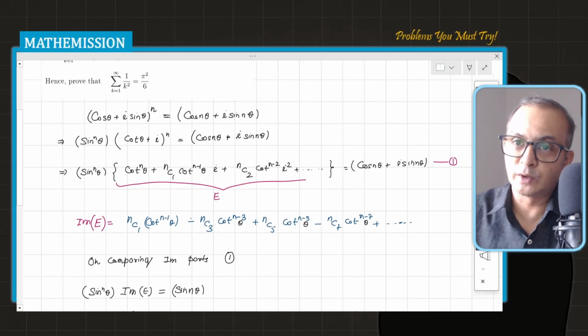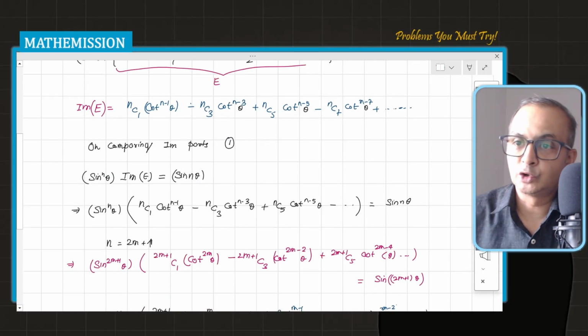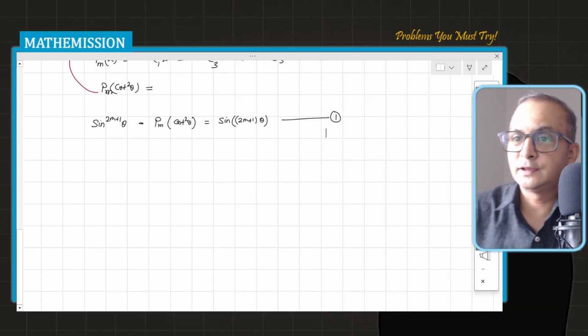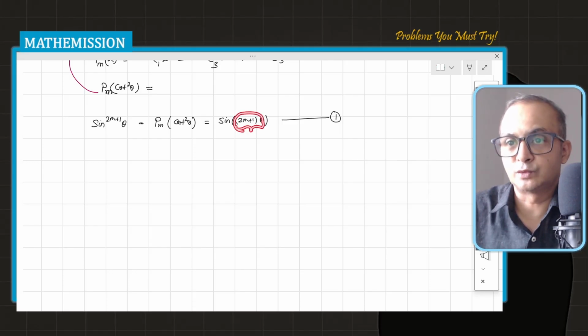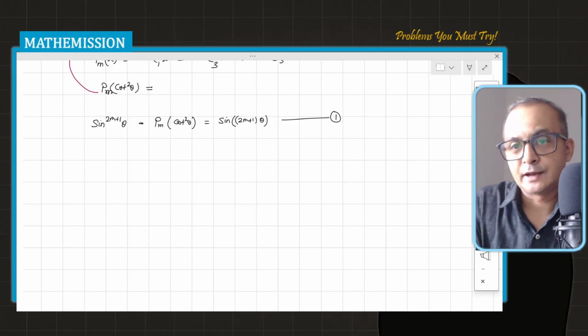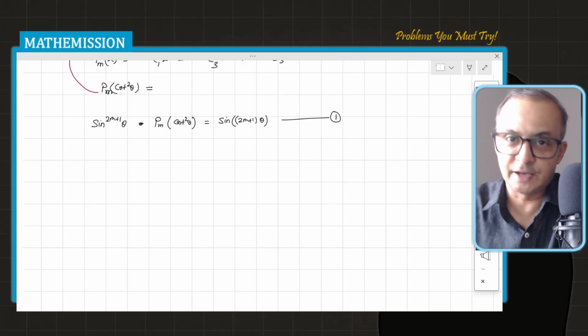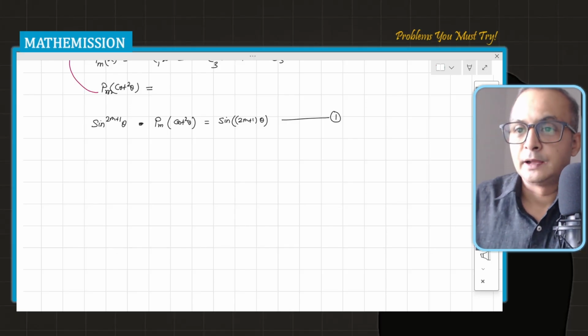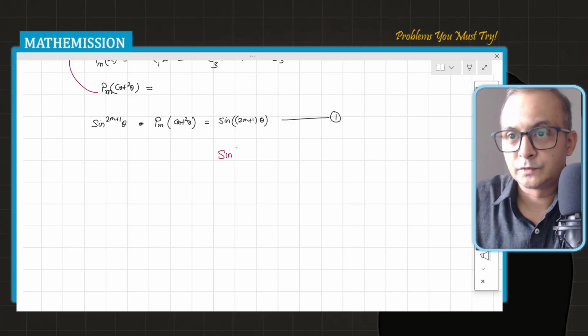Also notice that the angle I need here is k pi by 2m plus 1. There is a hint here. Why is it k pi by 2m plus 1? If this equation is correct and valid for some particular theta, it should satisfy both sides. So what is the meaning of this? I am setting sine of 2m plus 1 theta to 0.